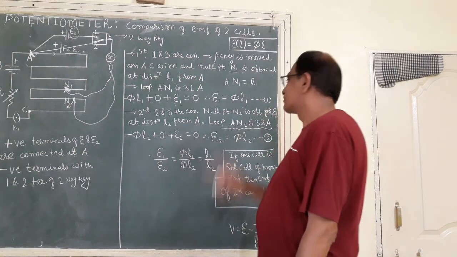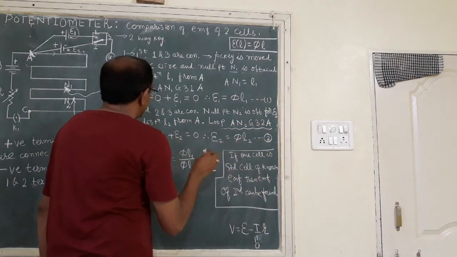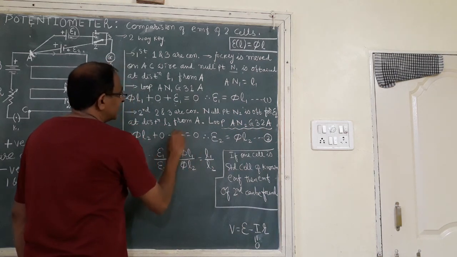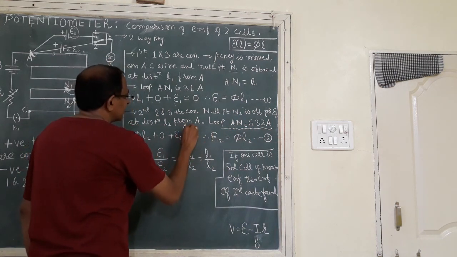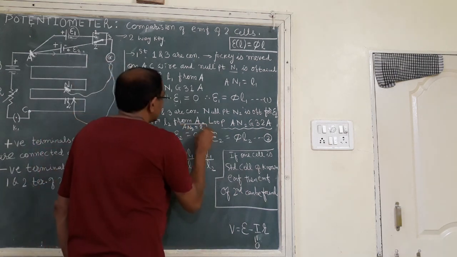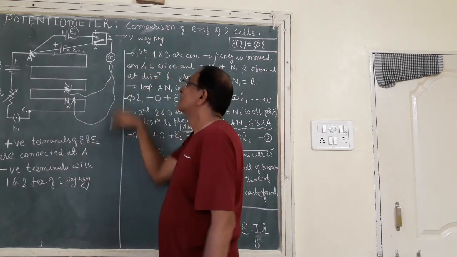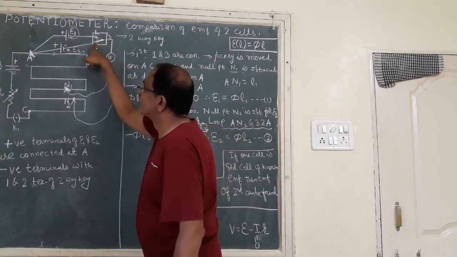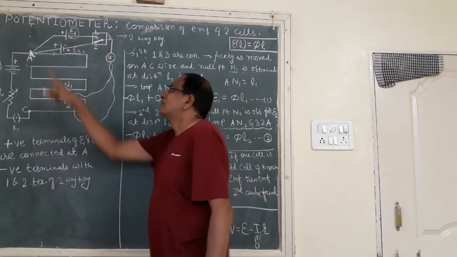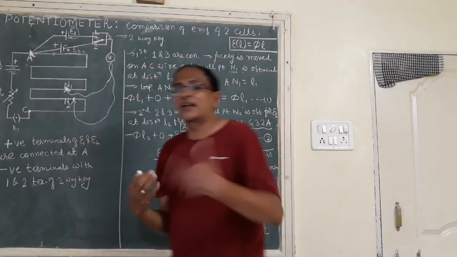So A N2 is equal to, say, L2. Now you take the loop A, N2, G, 3 to A. Going from A to N2, you are again moving from the positive to the negative terminal.